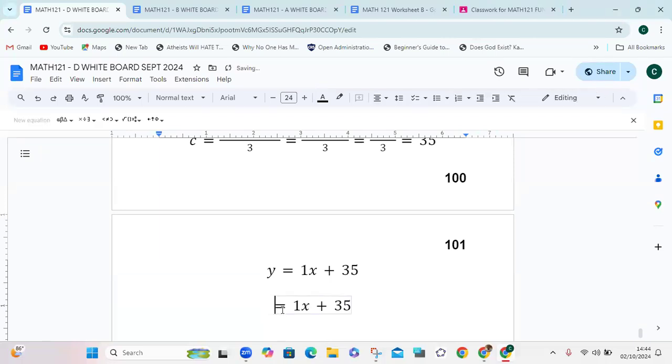So the formula is specialized by saying score is equal to hours plus 35. And you can use this model to calculate score if you've got hours and to calculate hours if you've got score.